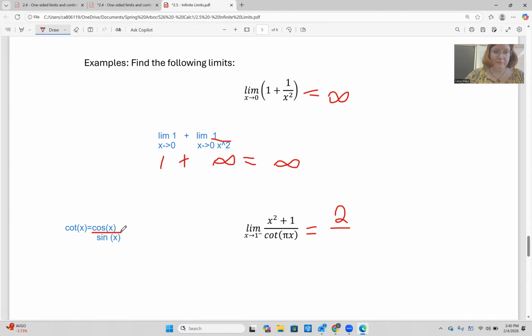Okay. When I get close to 1, that means I'm getting close to pi inside of here. What is cosine of pi? 1. Or negative 1. What is sine of pi? 0.